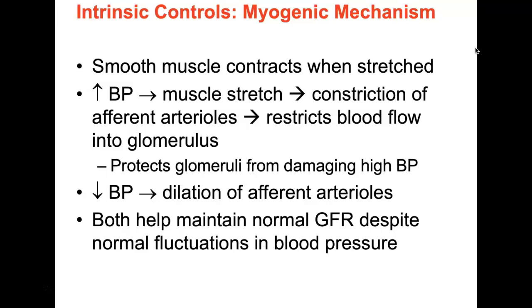Declining systemic blood pressure causes dilation of afferent arterioles and raises glomerular hydrostatic pressure. So both responses help maintain the normal NFP and consequently the normal GFR. This contraction and dilation is the reason why we refer to this first intrinsic control as the myogenic mechanism.